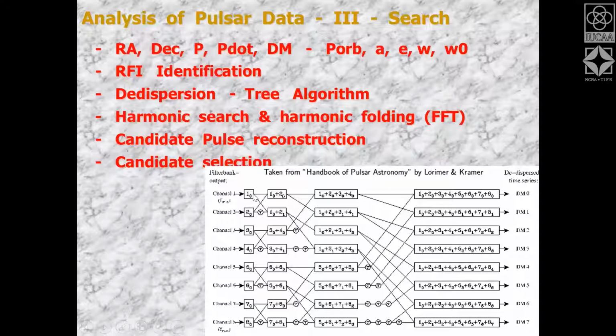Essentially, this is how the de-dispersion is done for trial DMs, DM0 to DM7. Each of these time series is then Fourier transformed, and then you look in the harmonic domain to find the periodic signal, if it exists, and then you reconstruct this periodic signal. So this is the typical way the pulsar search is carried out.